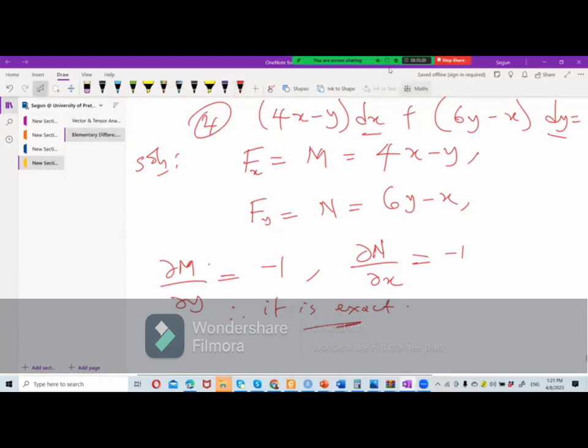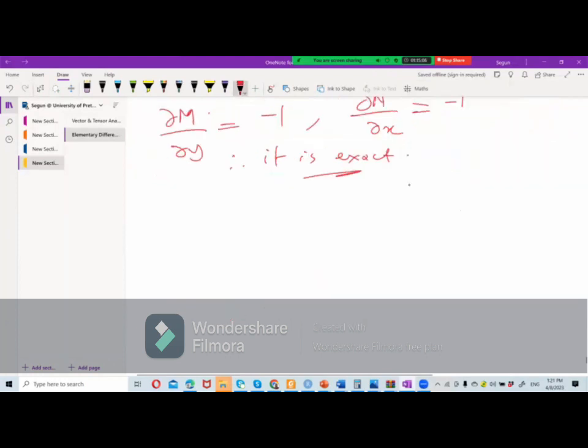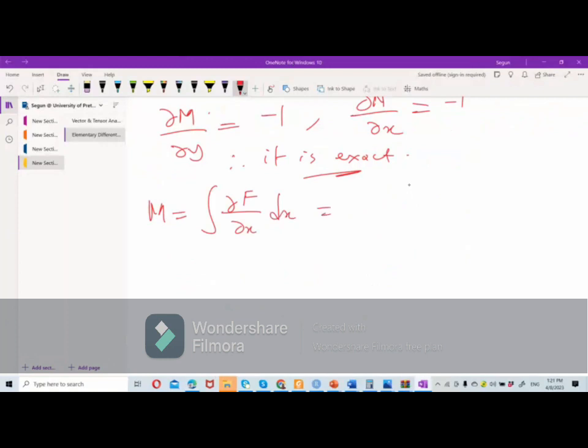Now, that's not the end of the problem. So we need to prove further that our m equals to integral of the f dx dx, which is the same thing as integral of 4x minus y dx. So for us to solve this one, we have f of x comma y equals integral of 4x minus y dx.